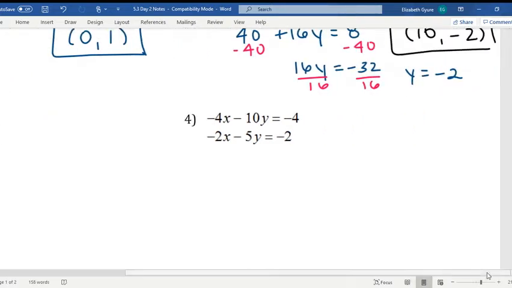So number 4, we have a negative 4x minus 10y equals negative 4, and we have a negative 2x minus 5y equals negative 2. Do you guys see anything that right now, the way it's currently written, will cancel? Nope. 2's and 4's don't cancel, 10's and 5's don't cancel.